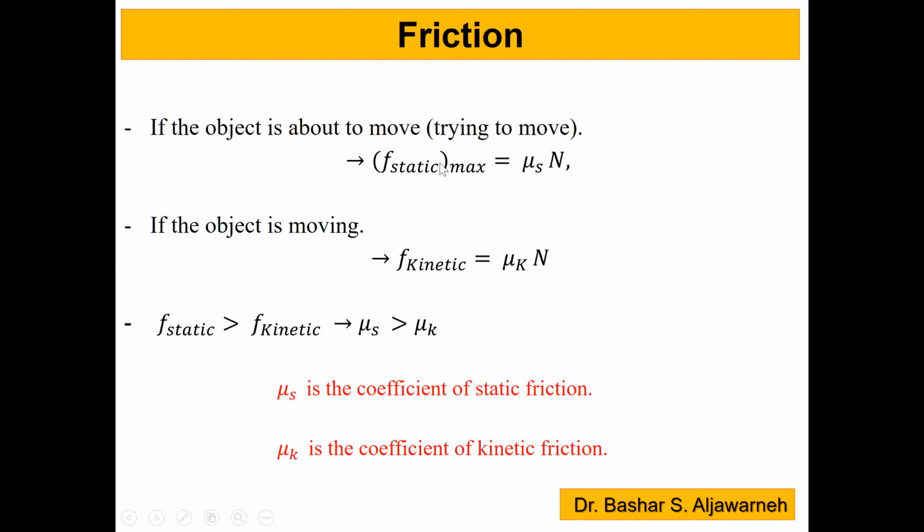And you can ask yourself, what is the unit of mu s? It's easy from this formula to say mu s equals static friction divided by the normal force. We know the static friction force is in Newton units and the normal force is in Newton units.